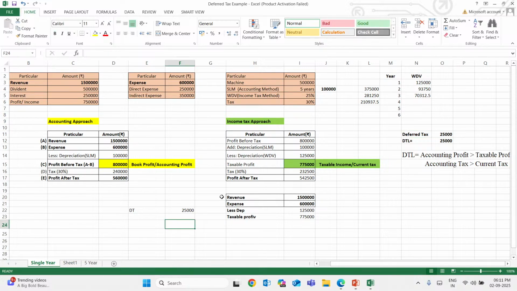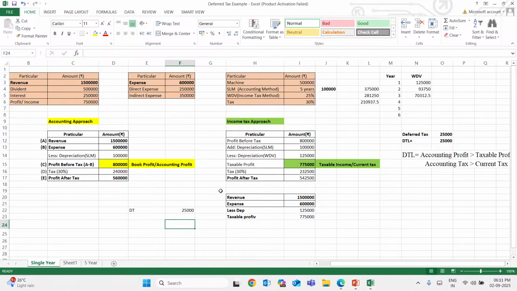So you will say it in a way like I have already told you: deferred tax, when accounting profit is more than the taxable profit, that means you pay less tax now, you pay more later. Or vice versa for the DTA.